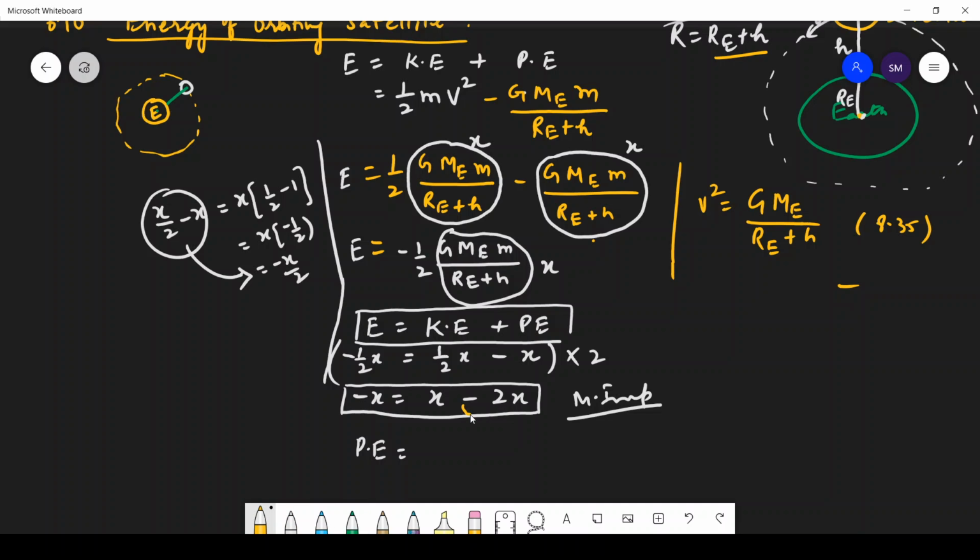So what is this equal to? This is your kinetic energy. So x is equal to kinetic energy. So potential energy is equal to what? Minus 2x. And this is minus 2. What is x? Kinetic energy, right? So potential energy is equal to minus 2 kinetic energy.